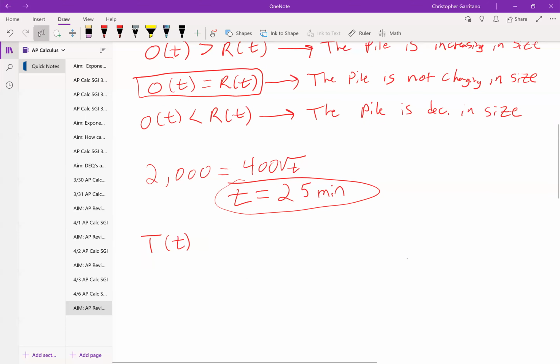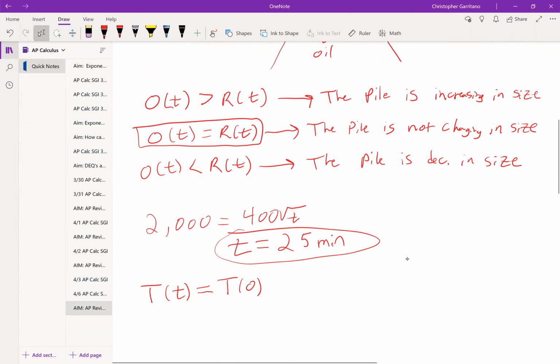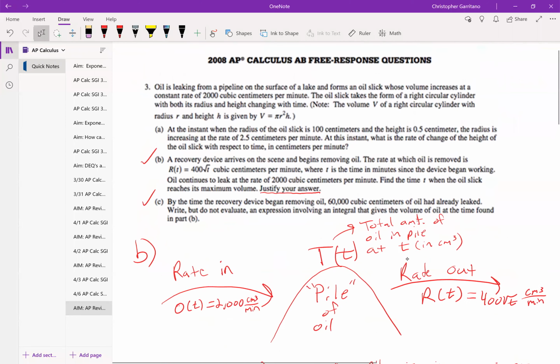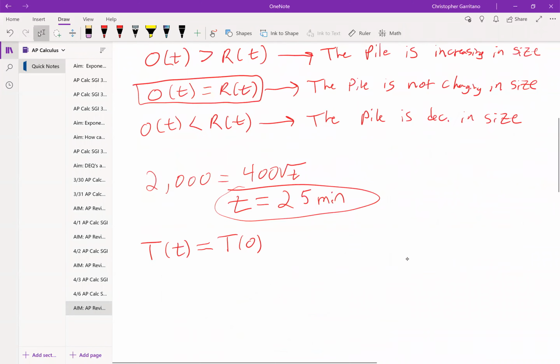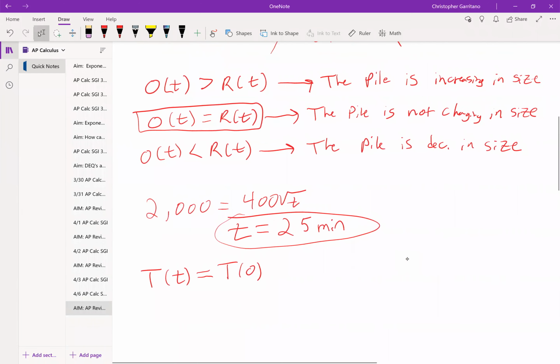So I just want to walk you through how we obtain this function. In order to get the total amount of oil at any time t, first of all, we need the initial amount of oil, but I think the way this works, there is no oil initially, but let's ignore that for just a moment.